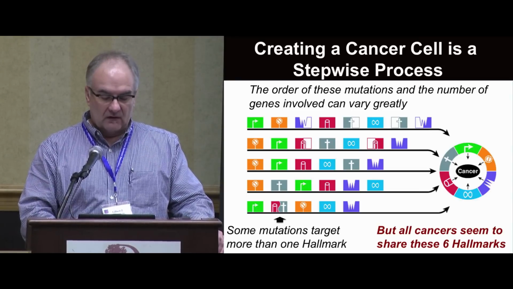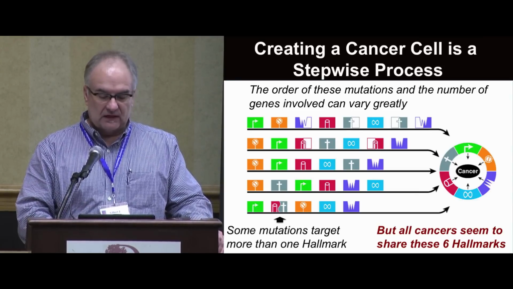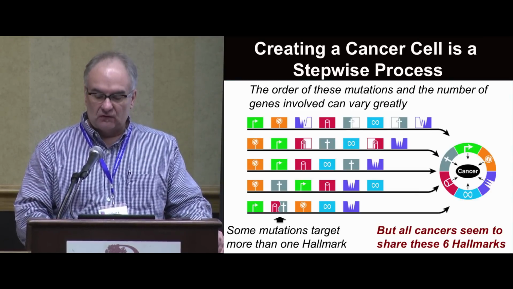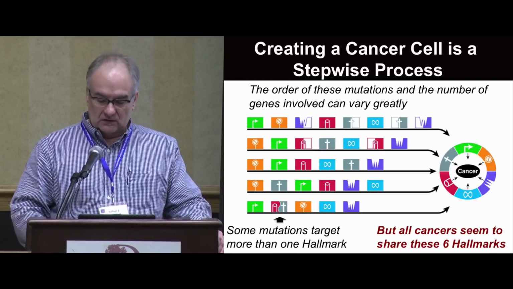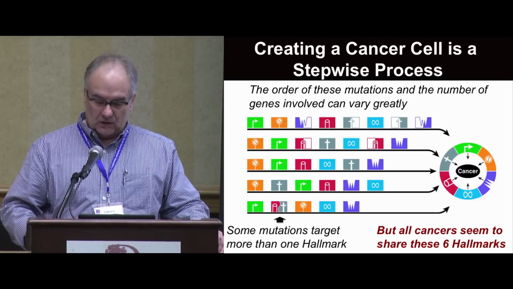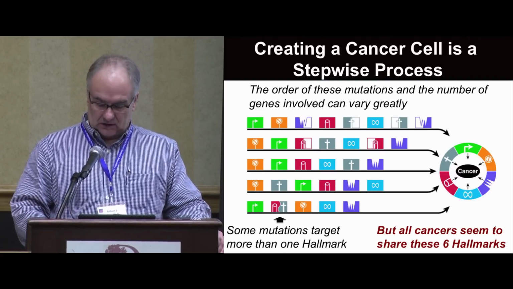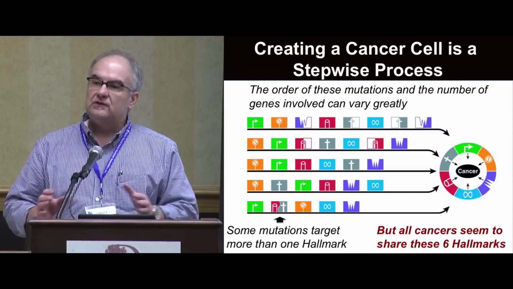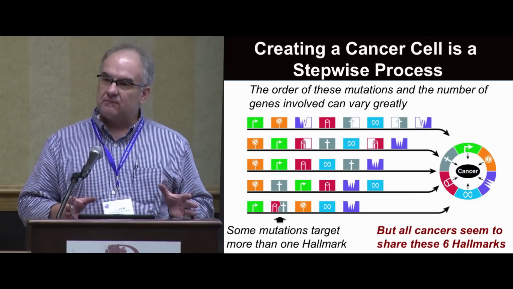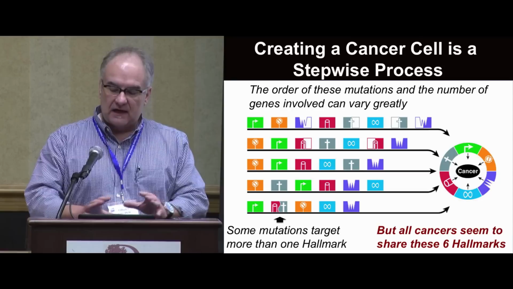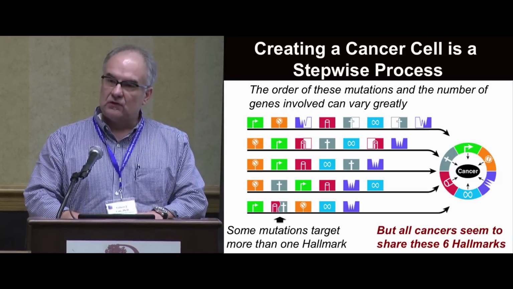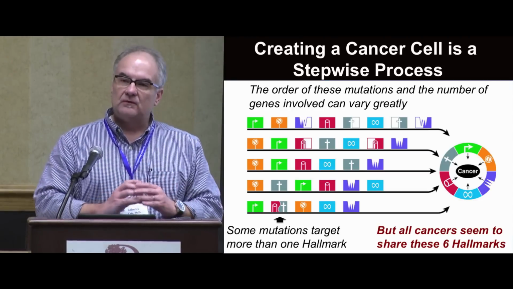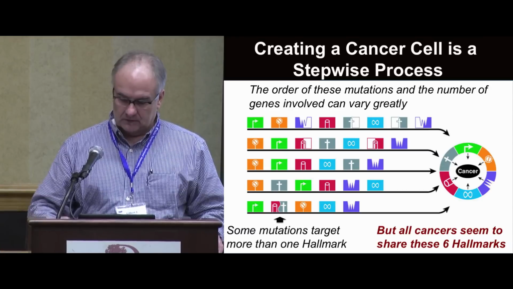Or you can have one gene that when it's mutated might actually affect 2 of these processes. So that becomes an important consideration when you're thinking about the biology of a cancer cell, that it's a stepwise process, that you need to have all of these events occur in order to turn the normal cell into a cancer cell.